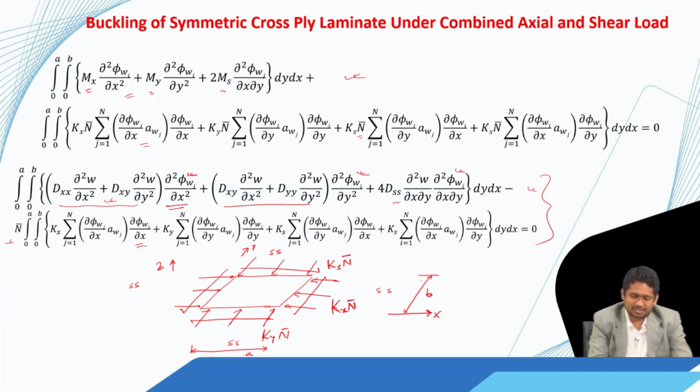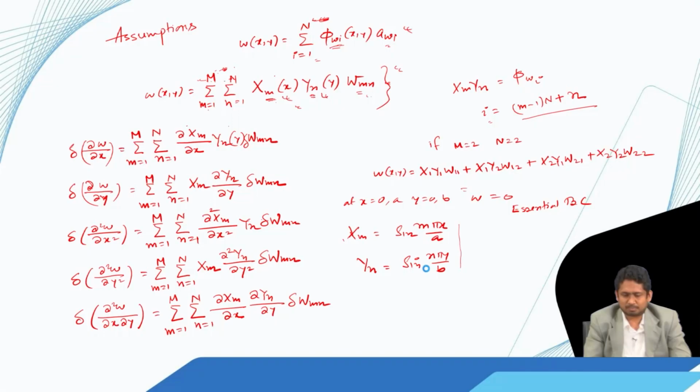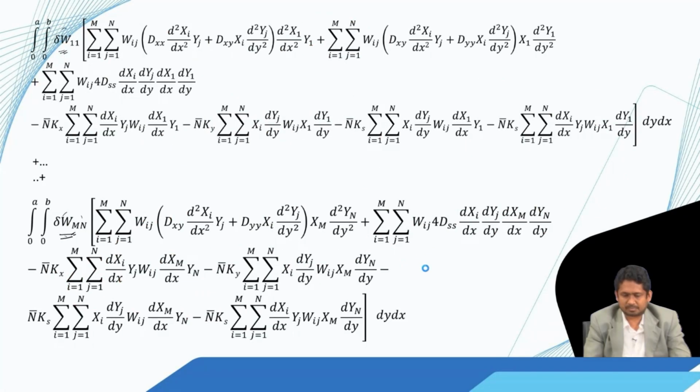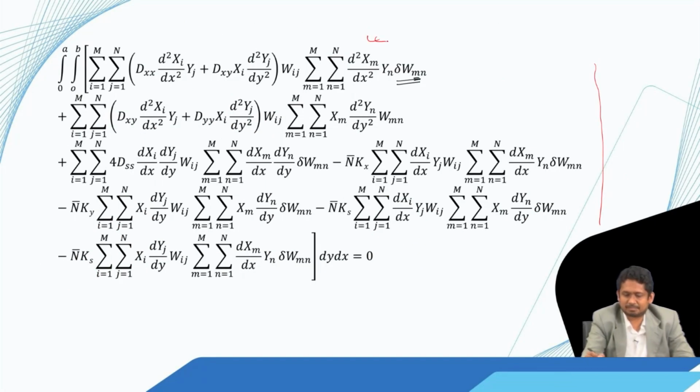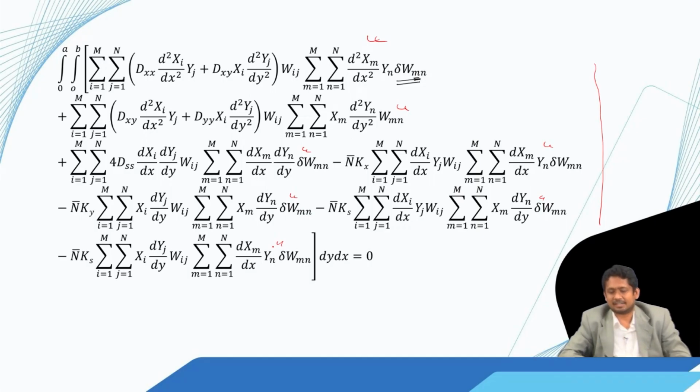So, those terms here correspond to this term, this term, this term, this term, this term, this term, this term, and there I am writing this as w m n.